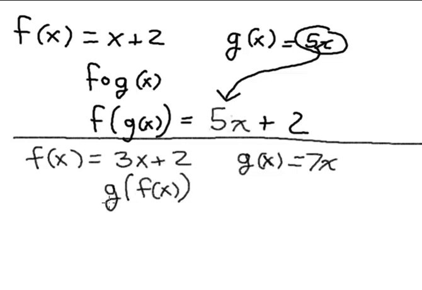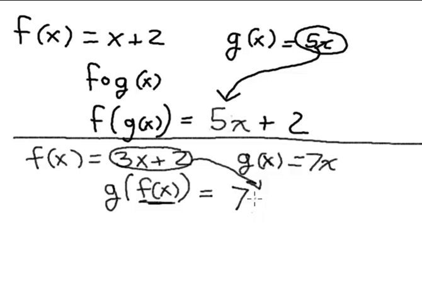Okay, g is my outside function. So I'm going to start by writing g of x. g of x is 7x. And now everywhere I see an x, I'm going to replace that x with f of x. So I'll erase my x, and I'm going to put in f of x.